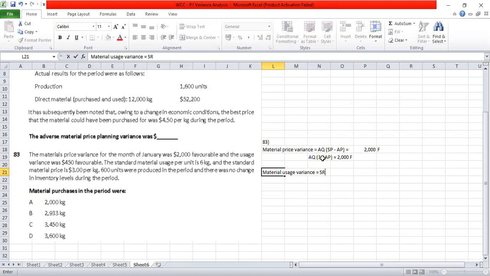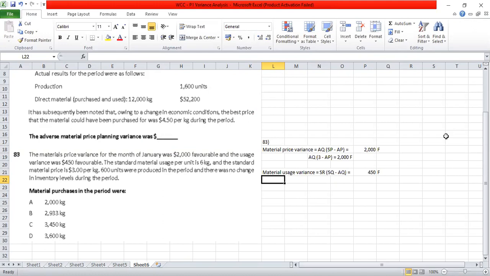So standard rate per kg into the standard quantity minus the actual quantity, and that happens to be 450 favorable. What do we know? Standard rate is 3. We know the standard quantity, because the actual production is given to us as 600, so we can also find out the standard quantity.